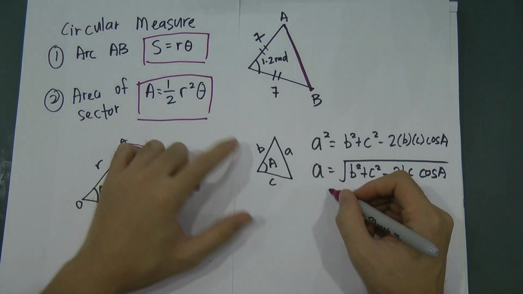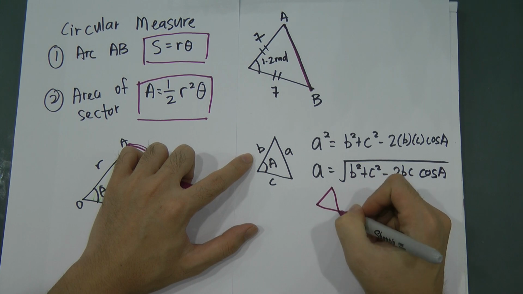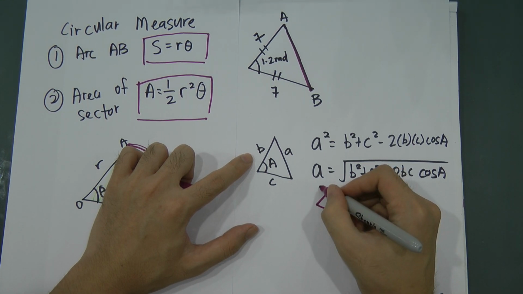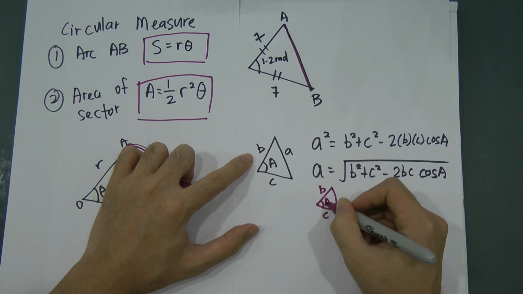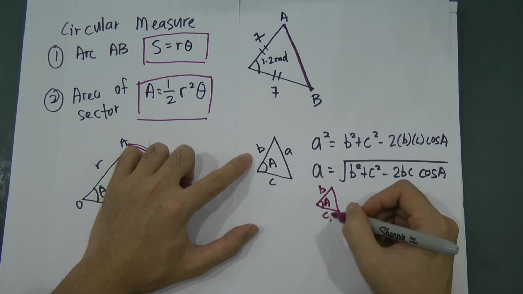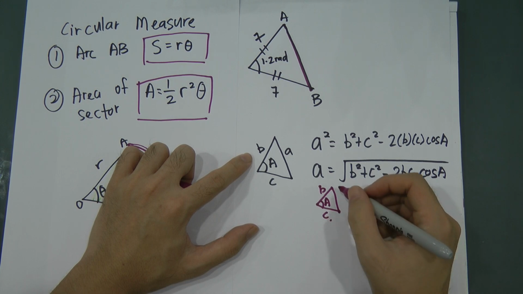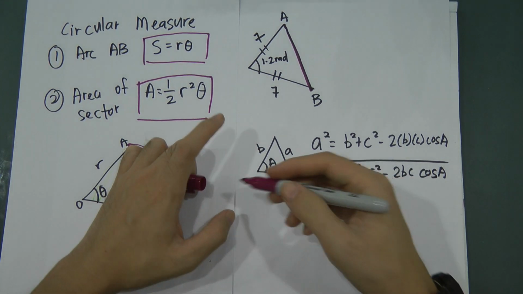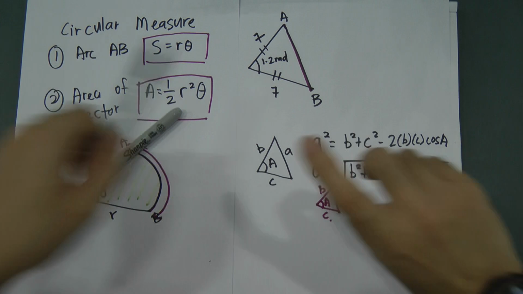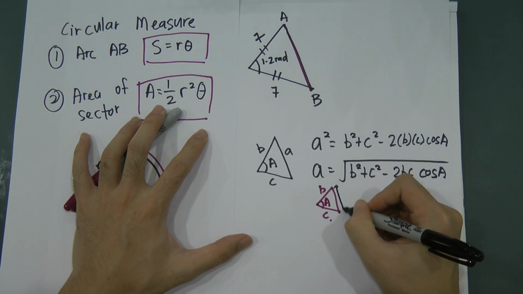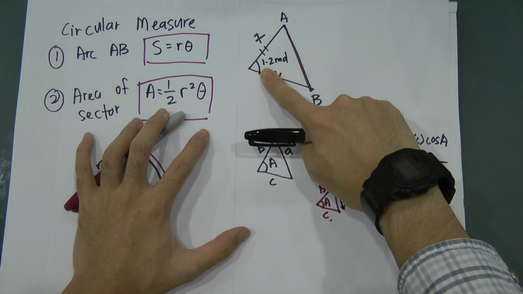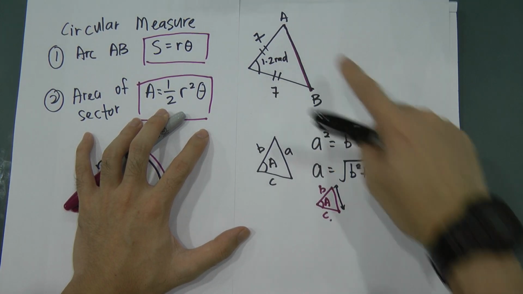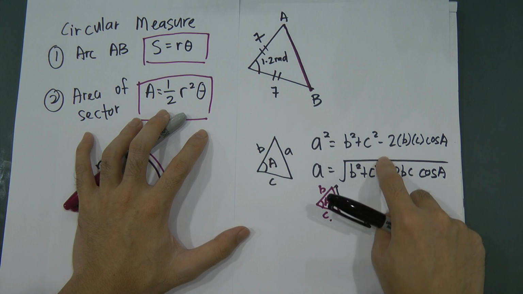One condition is this: you get two sides, let's say B and C, and one angle in between. Two sides and one angle in between, and then he asks you to find the opposite length. Two sides and one angle in between, and you want to find the opposite length, you use this formula.